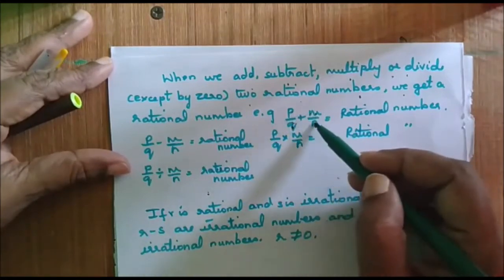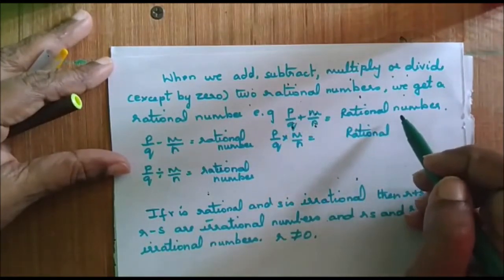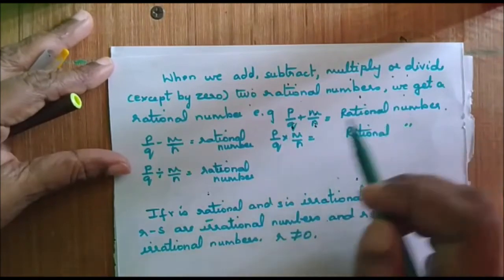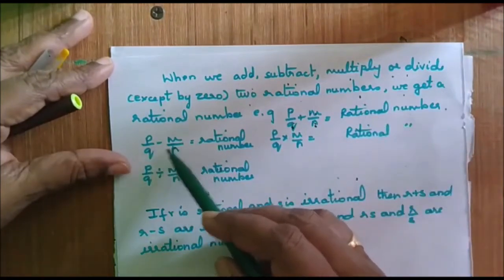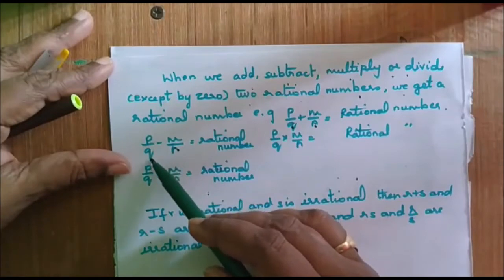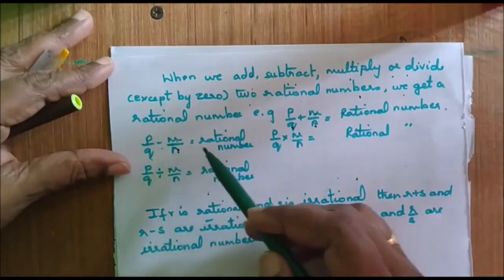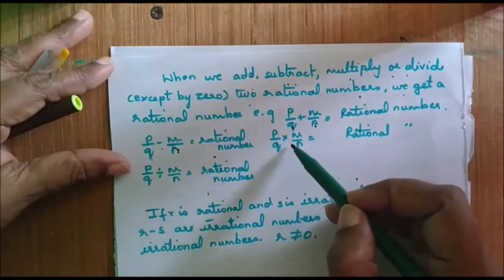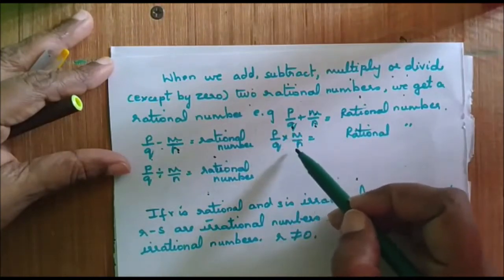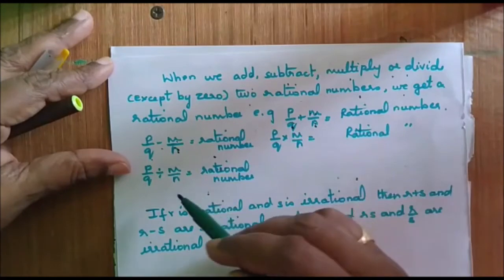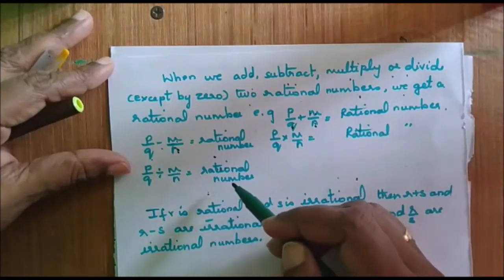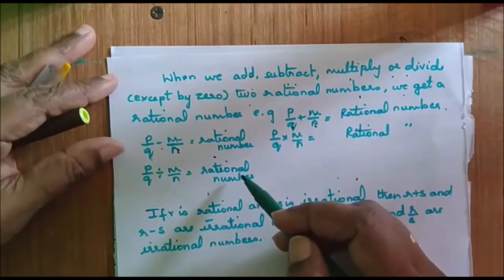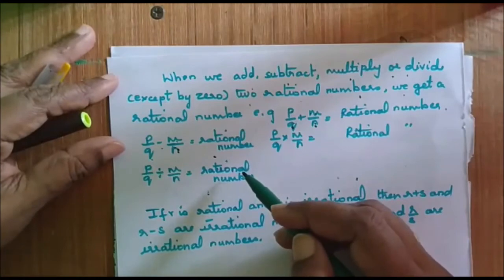When we add these two rational numbers, the answer will always be a rational number. Similarly, when I subtract two rational numbers, P by Q minus M by N, it is also a rational number. Similarly, P by Q into M by N, multiplication is also a rational number and division is also a rational number, except when the denominator is 0, then it is not possible.